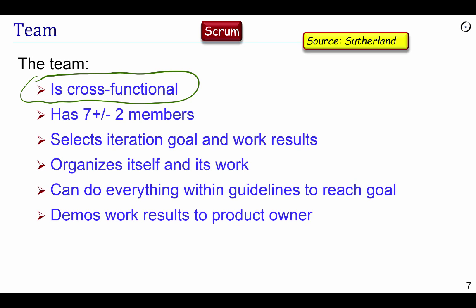But here what's important is that the team is cross-functional, meaning we don't have anyone who is in charge solely of a certain area. We may have experts, for example people who know more about object-oriented methodology, databases, networks, or any particular specialty needed by the project, but no one owns any particular area.